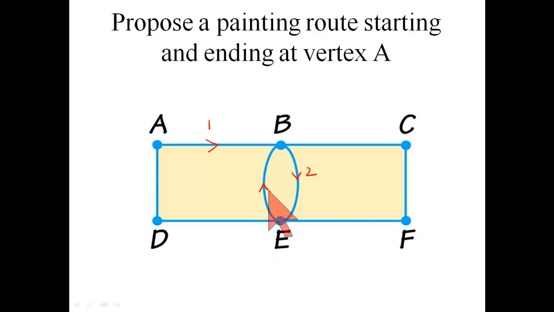How about if we go back up this way and then over to C and then to F, E, D, and back to A. And that is a route going along the edges in the order we numbered them that goes across every edge, or in other words, paints every curb. There would be other possibilities as well, and perhaps you drew a different one that was just as good.